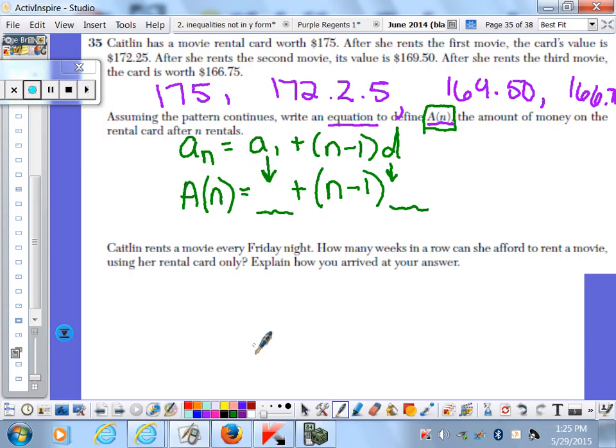So if Caitlin rents a movie every Friday night, how many weeks in a row can she afford to rent a movie using her rental card only? Explain how you arrived at your answer. So she's going to do it every Friday night. She'll rent a movie. So this is 1 Friday night. This is 2 Friday nights. This is her 3rd Friday night.